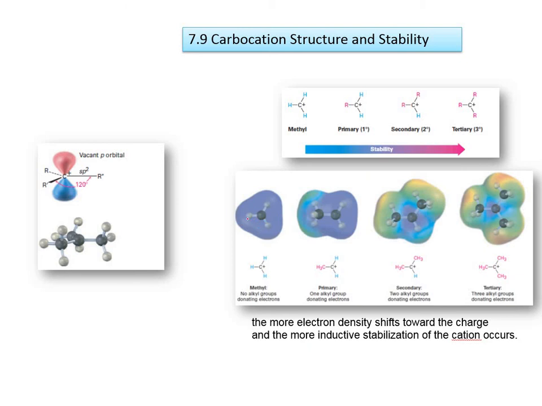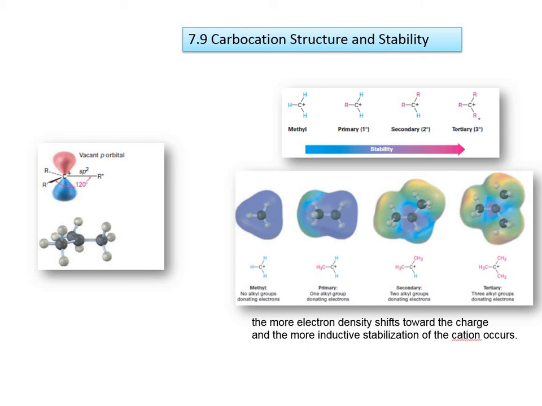So in the methyl carbocation, the positive charge is centered or localized. But when you place more alkyl groups or more carbons around it, the positive charge is dispersed or delocalized. And when you delocalize a positive or negative charge over more area, it makes it more stable and less reactive.